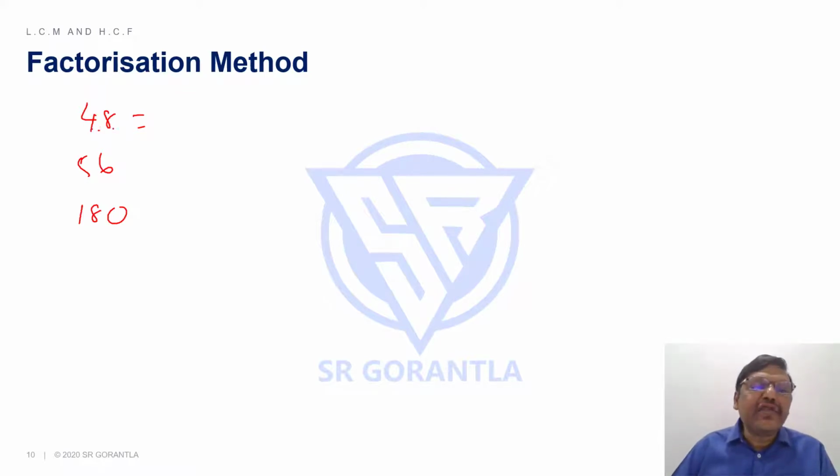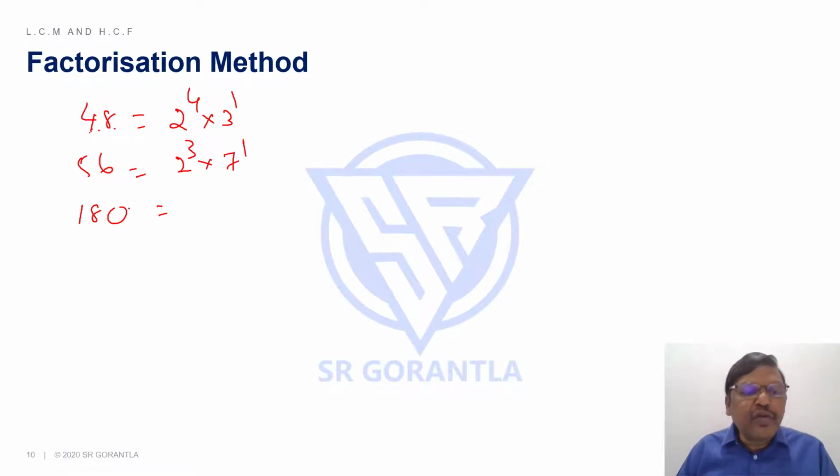I'll directly write 48 is 16 into 3. 16 is 2 power 4 into 3 power 1. 56 is 8 into 7. 8 is 2 cube into 7 power 1. 180 I can say, students, 20 into 9. 9 is 3 square. What is 20? 20 is 4 into 5. 4 is 2 square into 5 power 1.